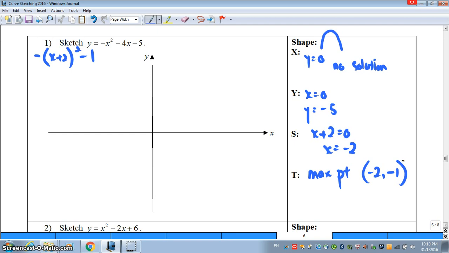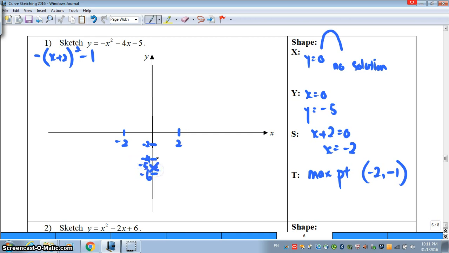Now we need to do our plotting before we do our sketching. We do not have any x-intercept, but we have a y-intercept at y is equal to negative 5.